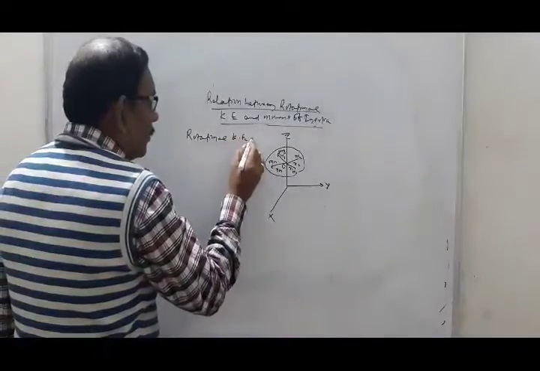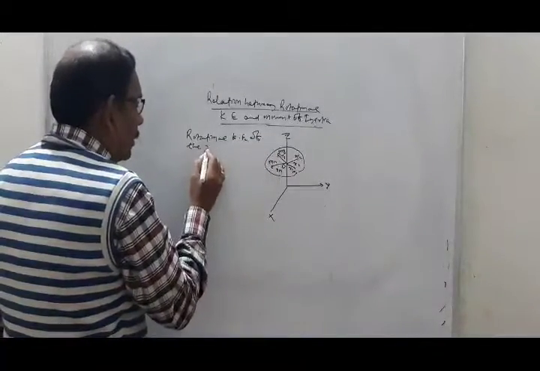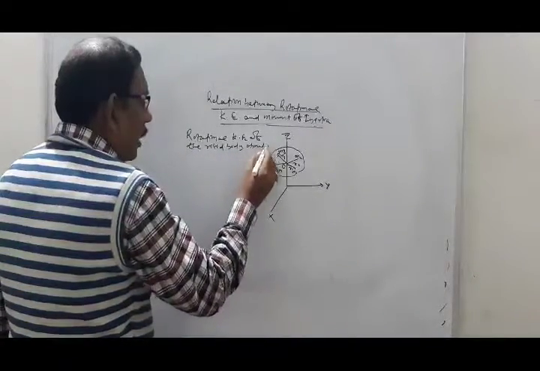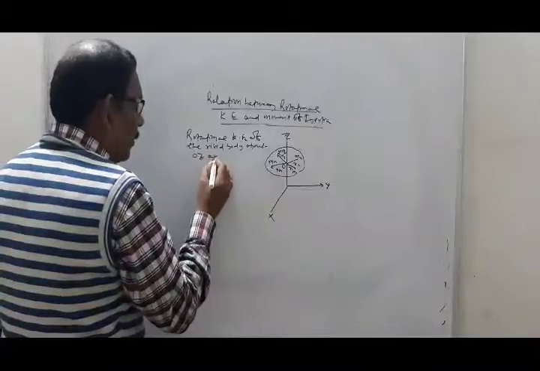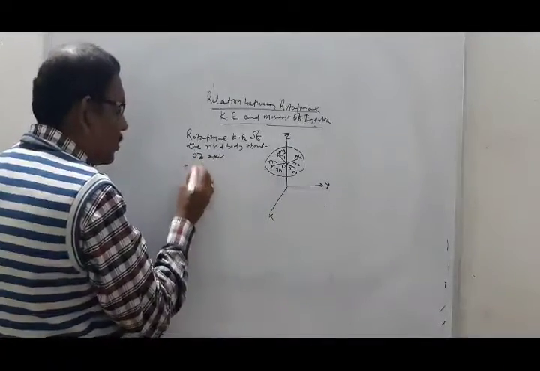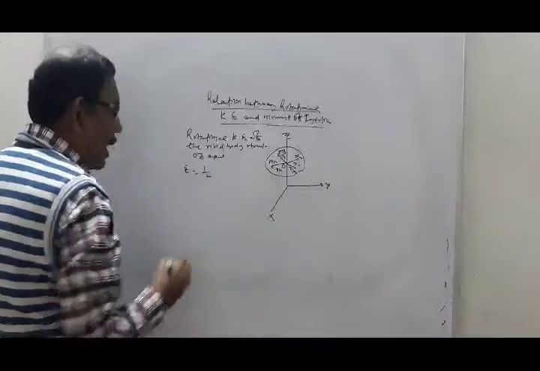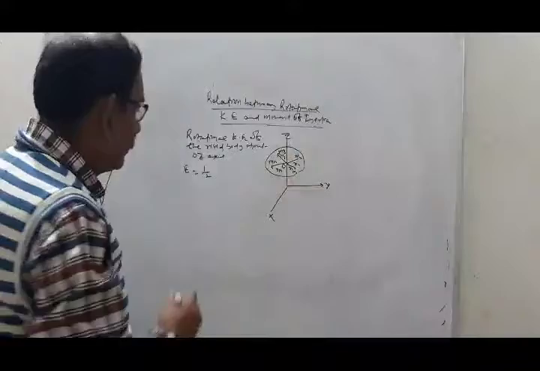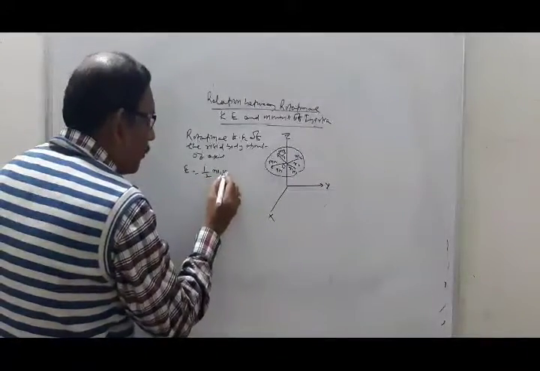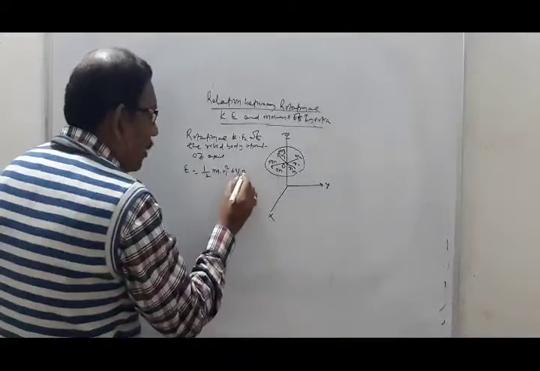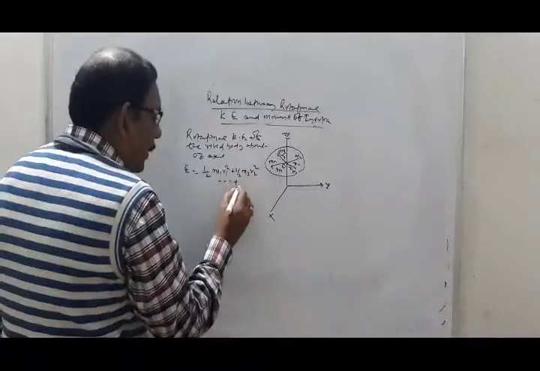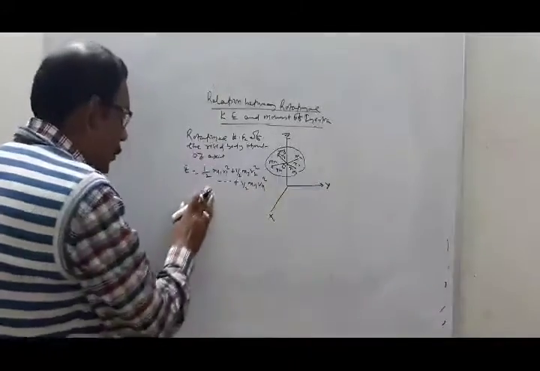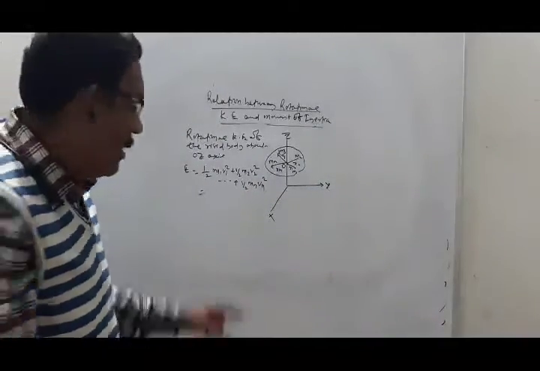The rotational kinetic energy of the rigid body about the OZ axis, E, is equal to the sum of the kinetic energies of each particle: half m1 v1 square, half m2 v2 square, up to half mn vn square. We know that v is equal to r omega.